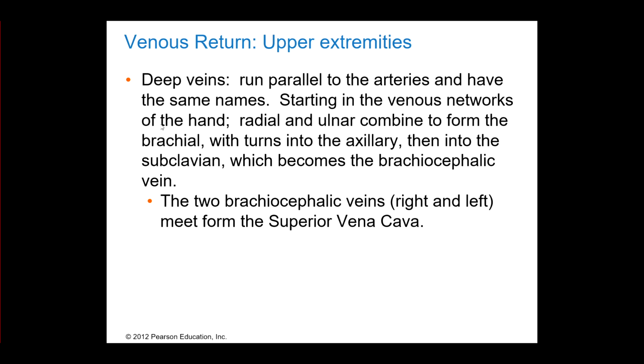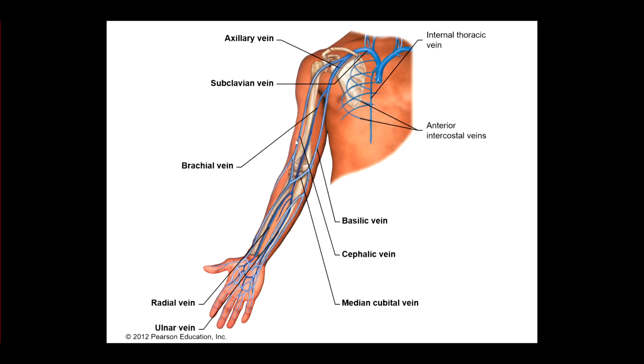So if you know the arteries going towards the fingers, the veins are just the same names but bringing blood the opposite direction. And this is what we would call deep veins. Let's go over this real quick. So here you could actually see, here would be the digital veins. Digital veins became the palmar arch veins.